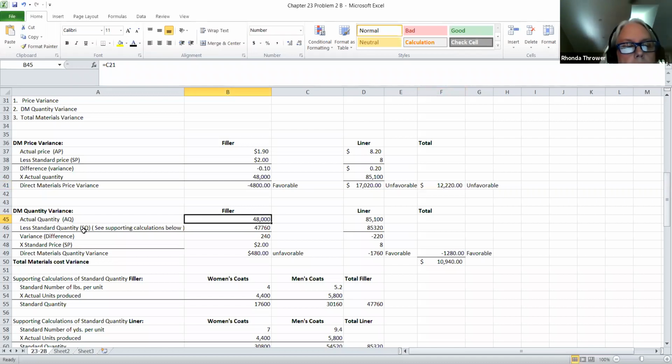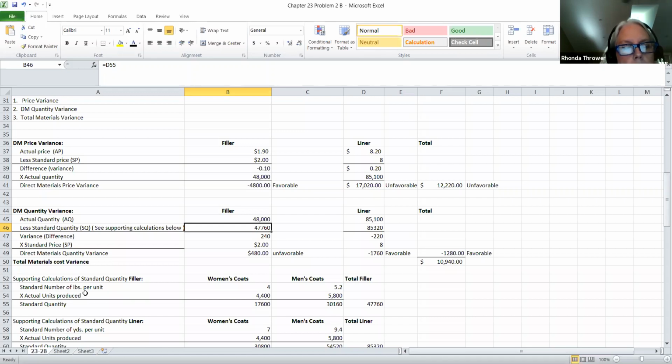Now on the standard quantity, they did not give you the standard quantity. So what you'll need to do is make up a supporting calculation to show how you get the standard quantity. And this supporting calculation is right down here where I've listed it. We'll start with the filler first.